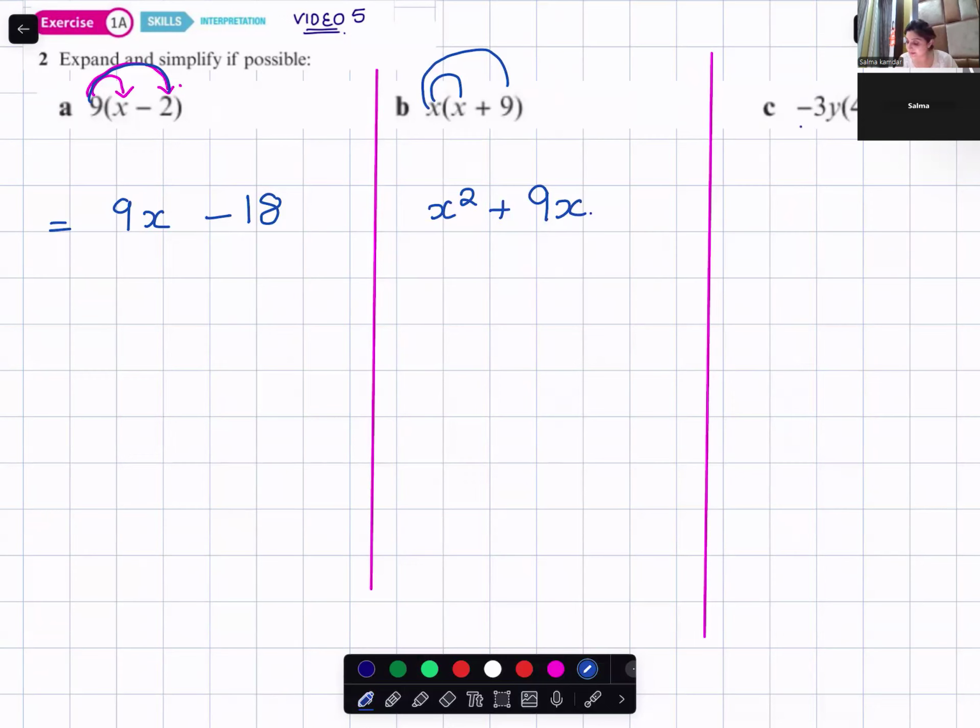Now what is tricky over here is that there is a minus sign. If you have a minus sign outside, it is going to change the signs inside. So this becomes minus 12y. And now this is a minus sign, so it is going to change the sign inside. So 3 into 3 is 9, plus 9 by 1 plus 1 is y square. So minus 12y plus 9y square.